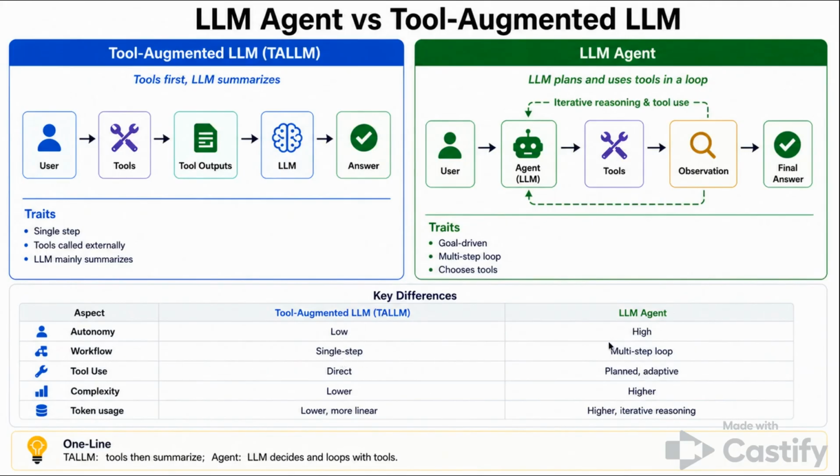The tool augmented LLM is a single step, while the agent is multi-step. With tool use, the complexity is lower. That's one of my main arguments here. With the tool augmented LLM the complexity is much lower, and with an agent it's higher. Token usage is lower versus higher. This is the main point.